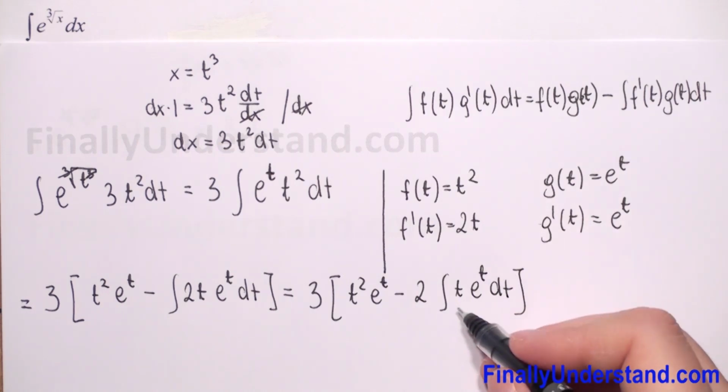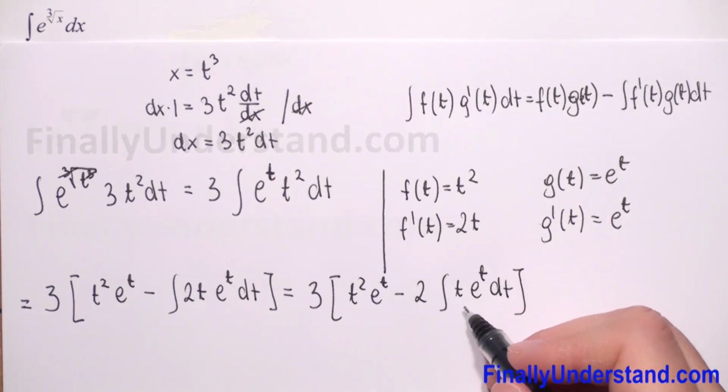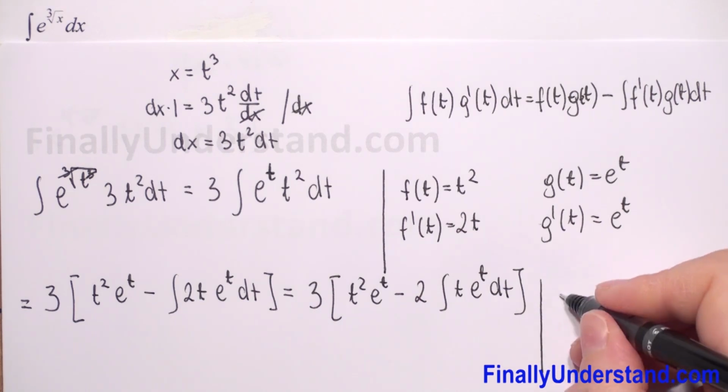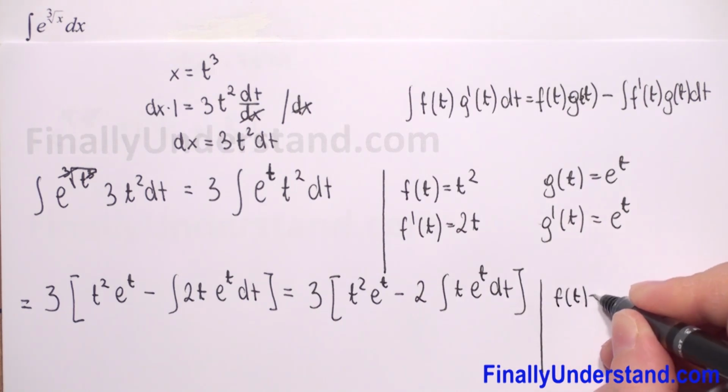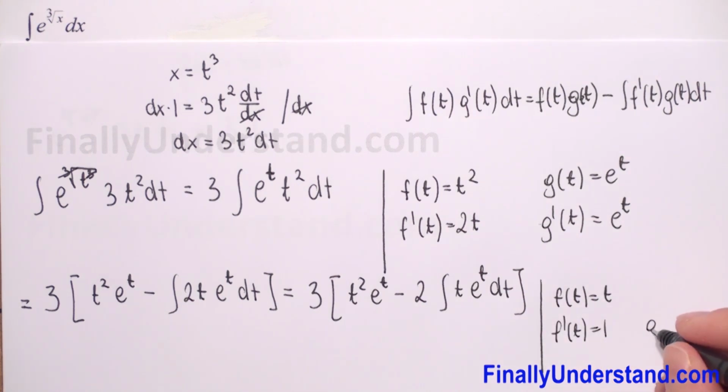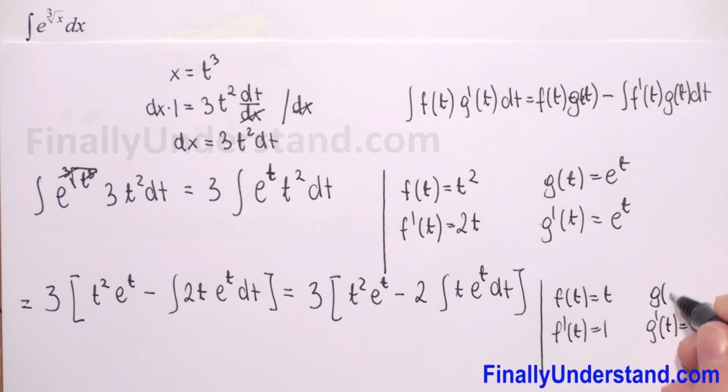So again we have to use the integration by parts formula. Now we will put that f of t is equal to t. So f prime of t is equal to 1. G prime is equal to e to the power t. So the antiderivative is equal to e to the power t. Now we can substitute into our formula.